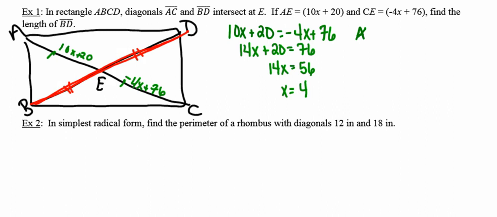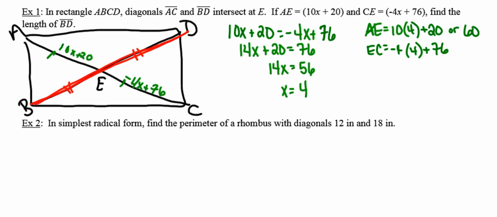So what that means is that the distance from A to E is going to be 10 times 4 plus 20, or in other words, 60. The distance from E to C is going to be negative 4 times 4 plus 76, which is also 60.